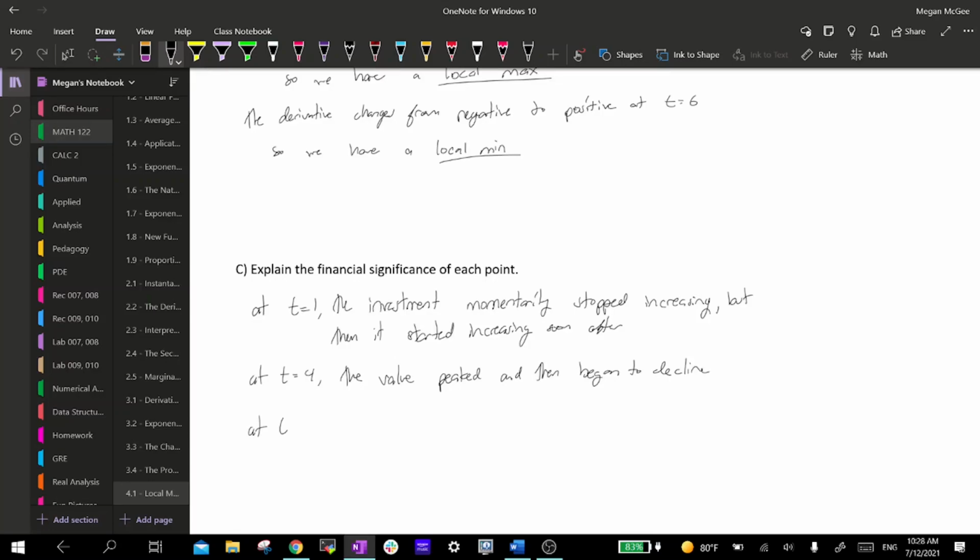And then at t is equal to 6, well, we went from negative to positive, so the value started increasing again. All right, and so that is the financial significance for each point.